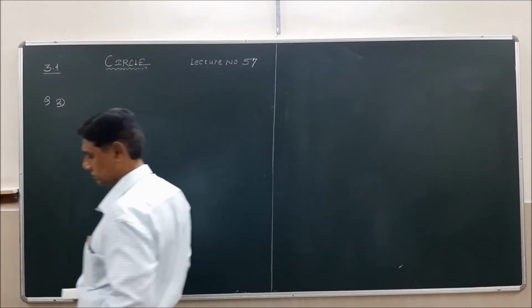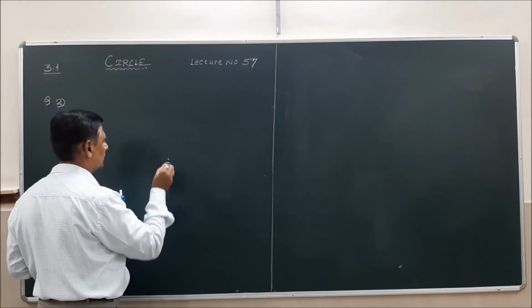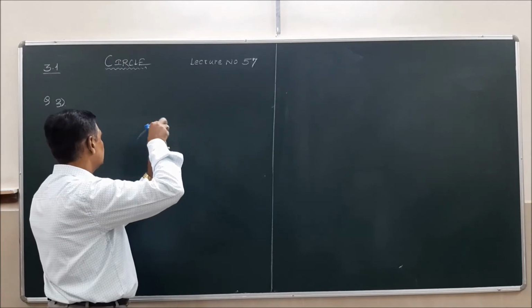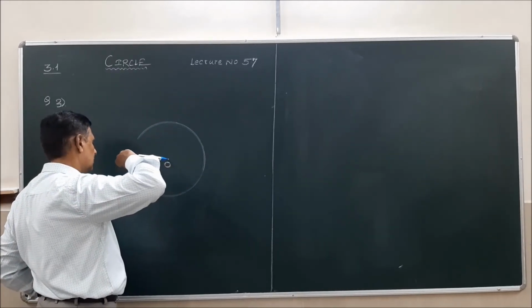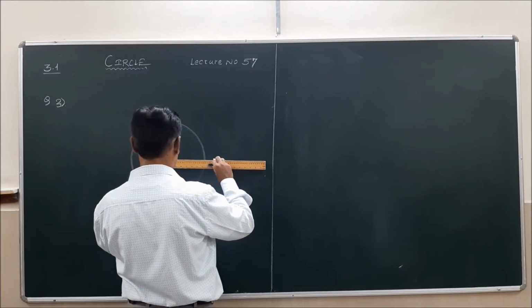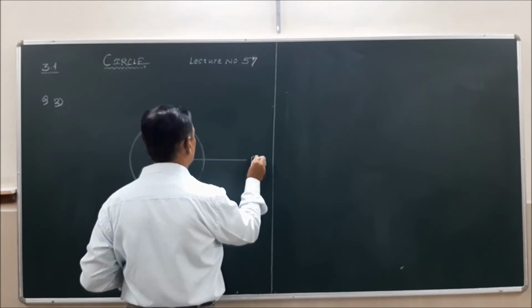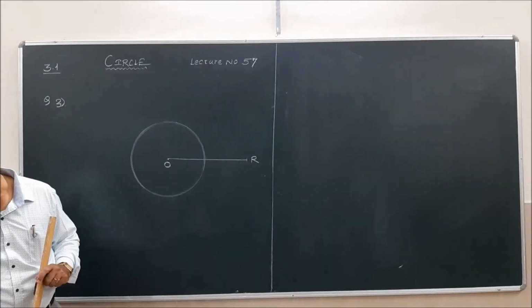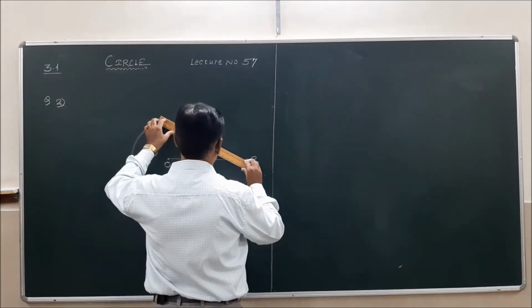So now question number 3. In question number 3 also, figure is given. O is the center of a circle. R is any point outside the circle. Then from point R, RM and RN, two tangents are drawn to the circle.